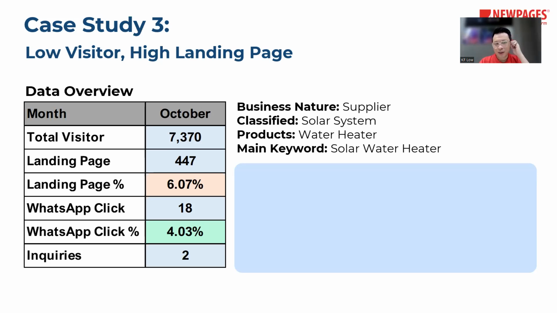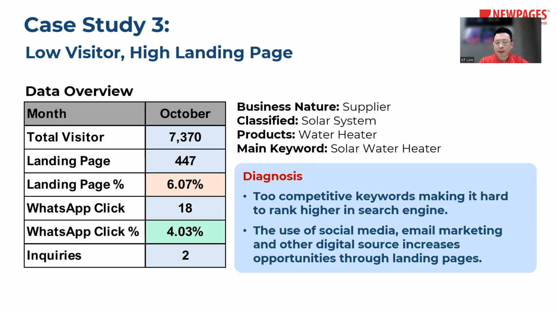Now, if you look at this data, only less than 10,000. What's the reason? I already gave you the answer. If you look at my previous case study number 1 and case study number 2, in this case study they are using short tail keywords. Even though it's solar water heater, it is too competitive.